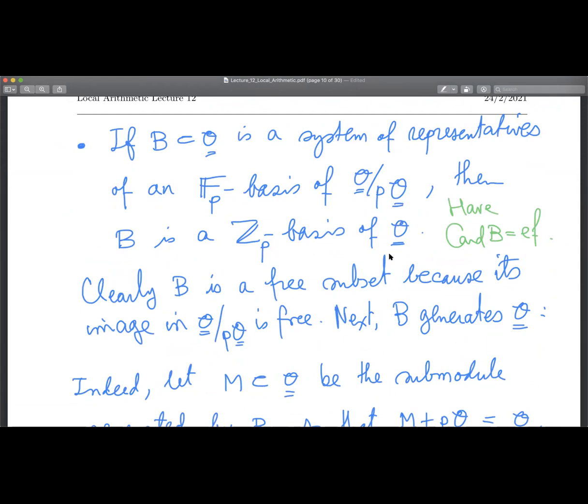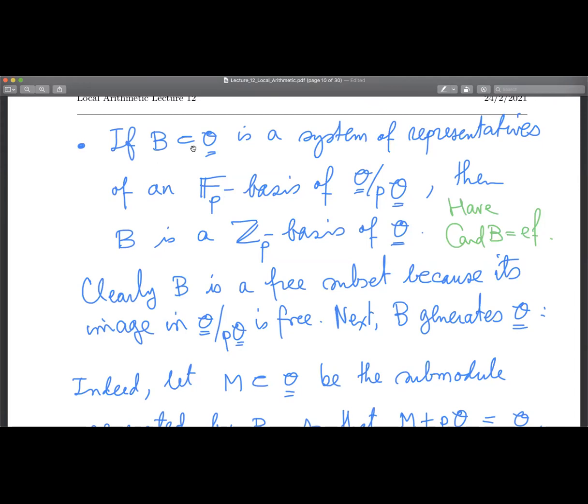Now, the third, I'm still proving that the dimension of the ring O as a Z_p module is e times f. I've proved that the dimension of the ring O modulo the ideal generated by the number p is e times f as a vector space over the field F_p.